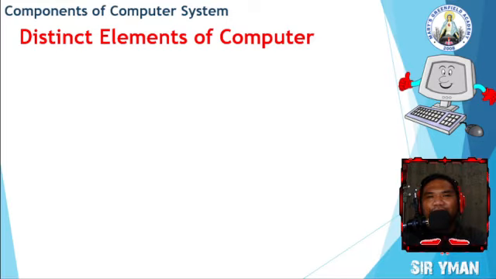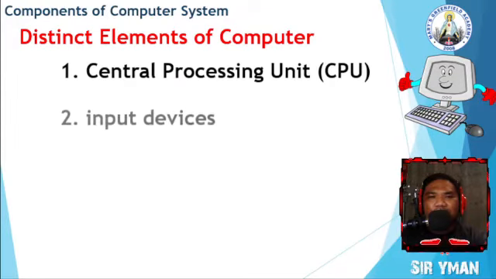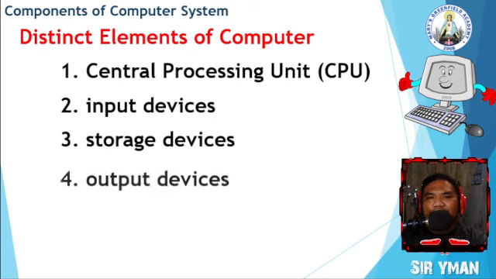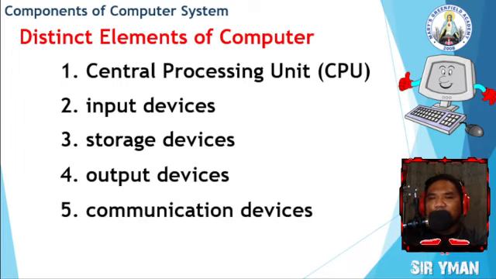Do you have the module? You just have to read it where that part is. There are 5 distinct elements. First is the central processing unit, then input devices, storage devices, output devices, and communication devices. So these are the 5 distinct elements. I'll go straight ahead because we are behind in the lesson.